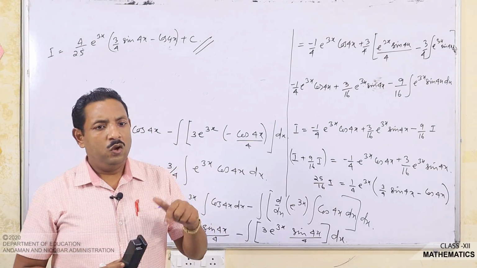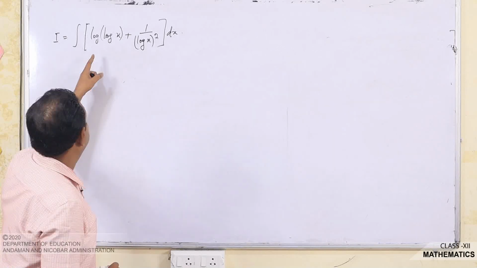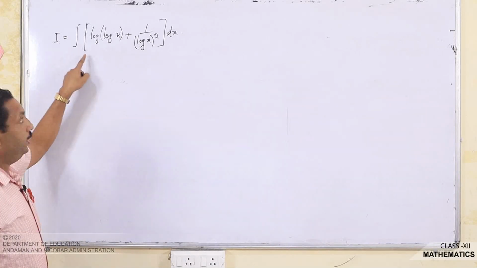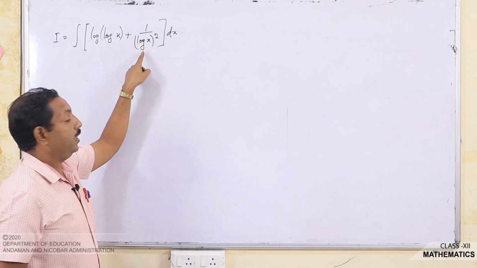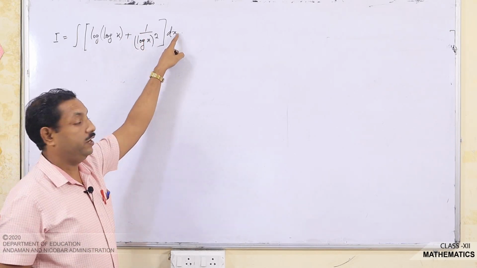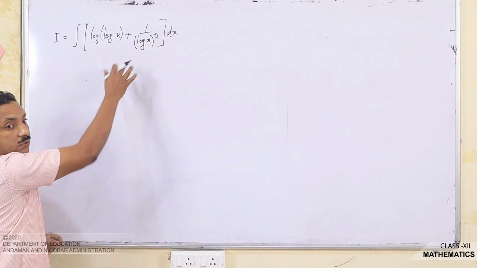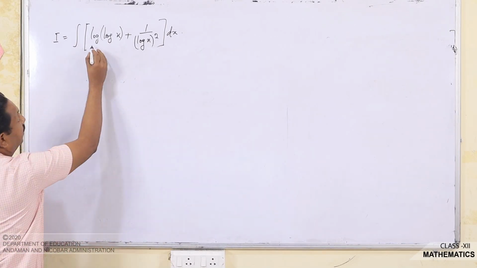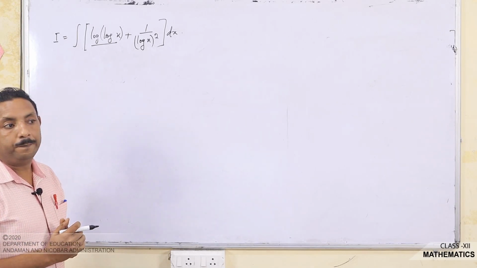Okay. Now, let us go to some more type of problem. Now, look at this problem. I equal to integration of log x plus 1 by log x the whole square dx. Here we have two terms, but I do the integration of these part only, and let us see what happens.